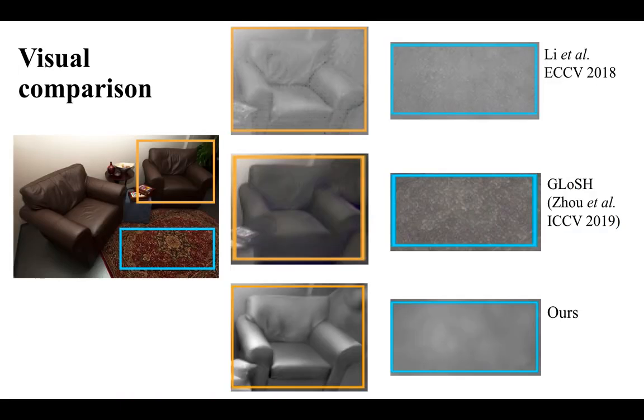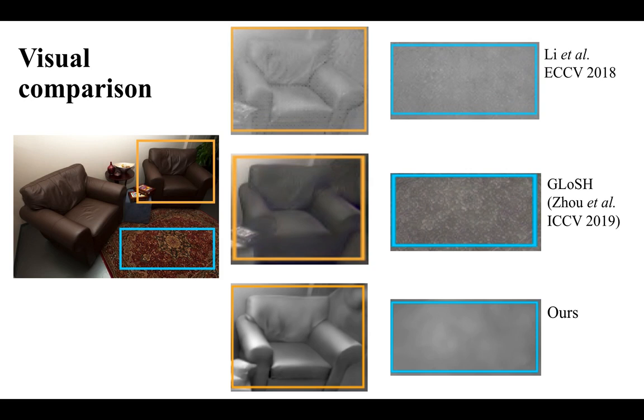We also conduct visual comparisons. We compare our shading image with Li's result and Zhou's result. Li's model directly predicts shading from a single input image, while Zhou's model first predicts pixel-wise spherical harmonics lighting models and then reconstructs shading.